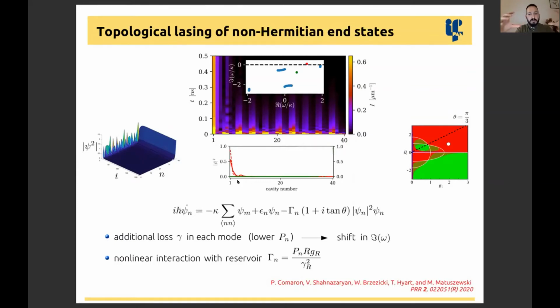If we take this configuration, we plug it inside the driven dissipative Gross-Pitaevskii equation, starting from some white noise, we can see that actually this mode will be the only one surviving, while all the other modes, as we can see here in a time simulation, will decay in time. So this is a demonstration of topological lasing.